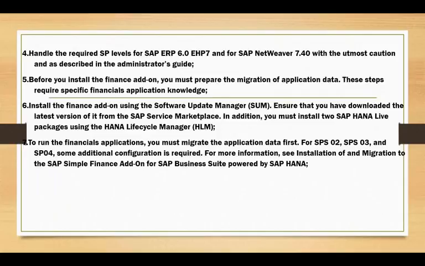And to run the finance application, you must migrate the application data first from SPS 02 and SPS 03, then SPS 04. So these things are required. Nowadays SP09 is also available, so instead of 02, 03, 04, you can directly migrate with SP09.